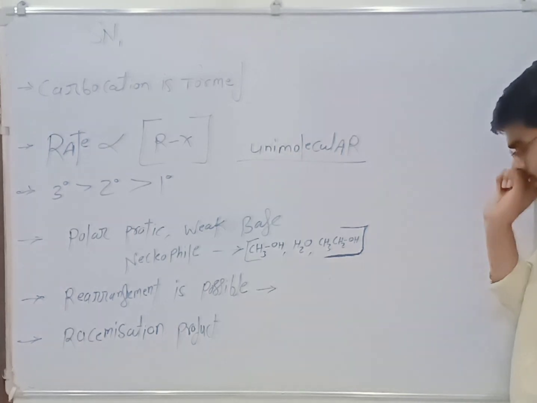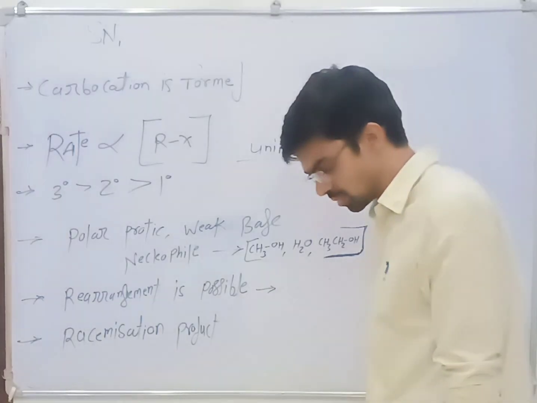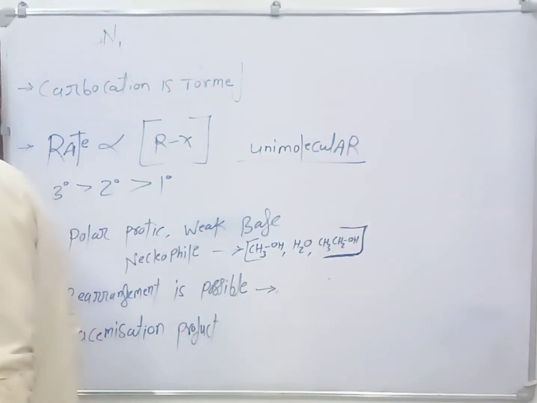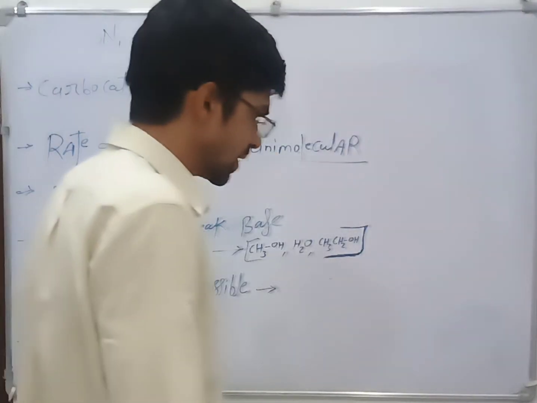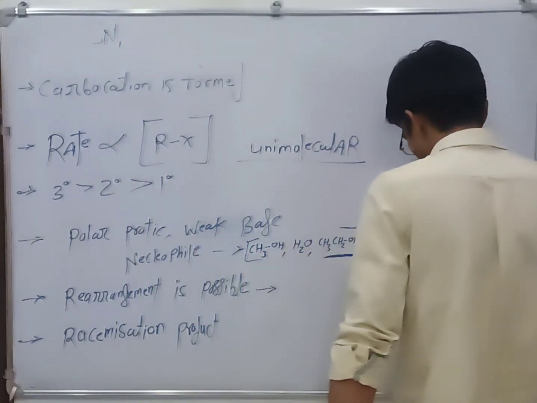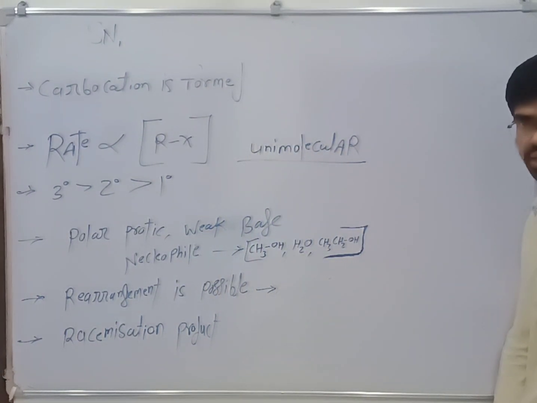In a racemic product, 50% of the optically active compound rotates the plane polarized light to the left side, that is called levorotatory, and 50% rotates it to the right side, that is dextrorotatory.